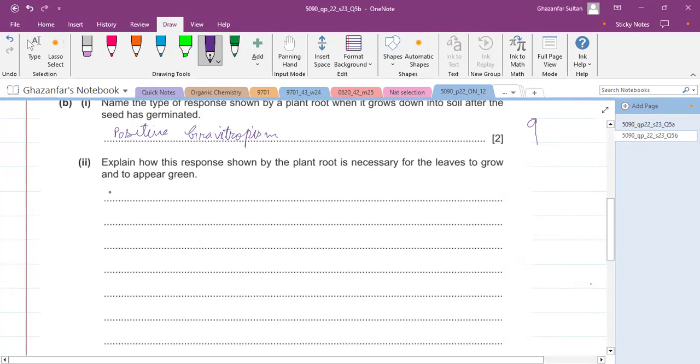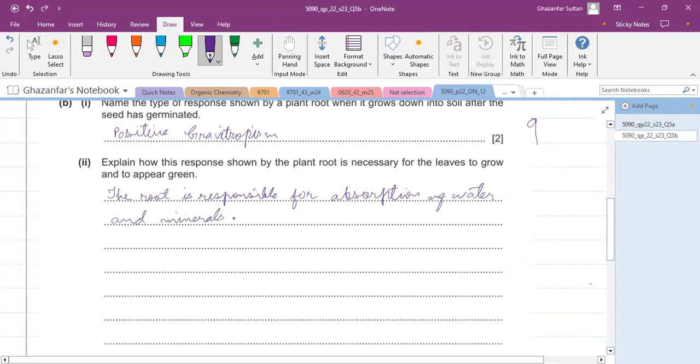So the root is responsible for absorption of water and minerals.